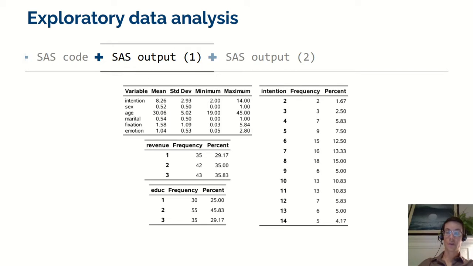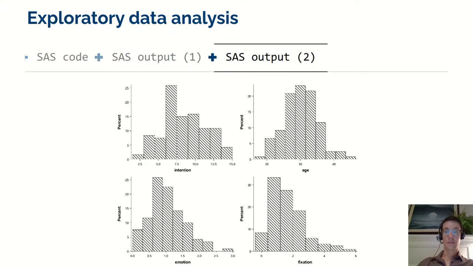Then you have revenue, classes, and frequency. So altogether, there's plenty of people in every group. And then intention, here you have the actual frequency for each of the outcomes, but it's best to look directly at a histogram.